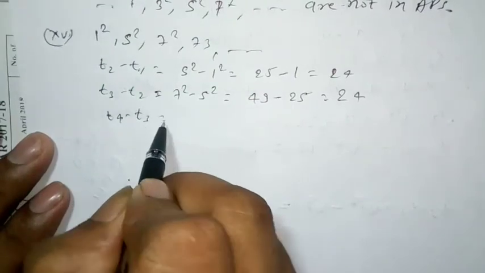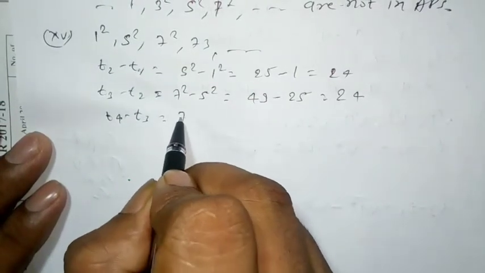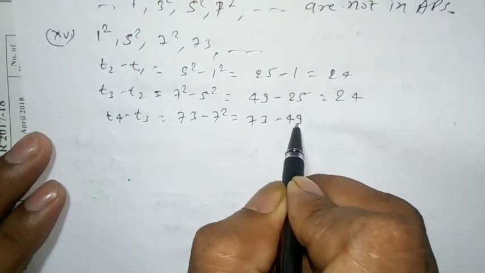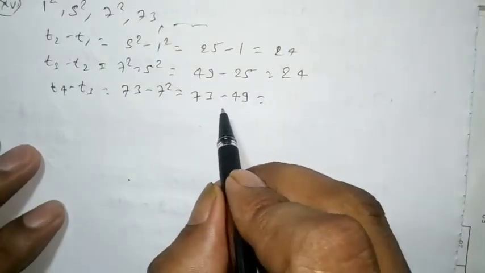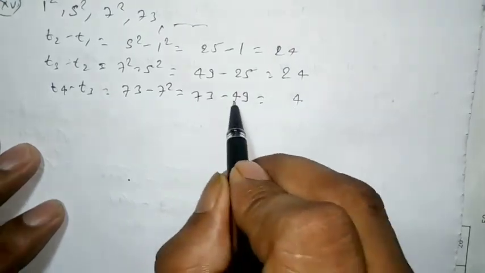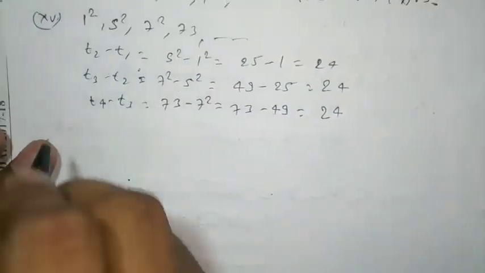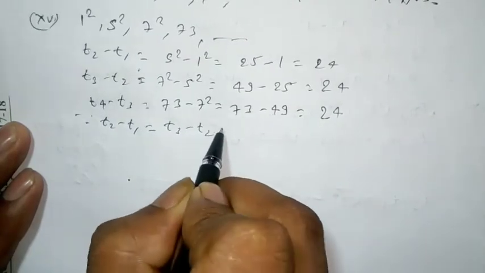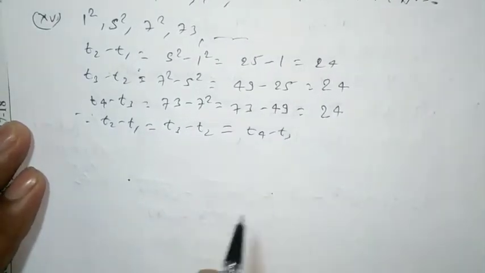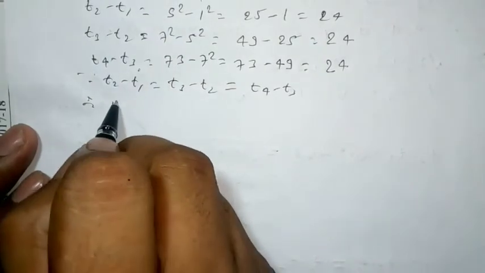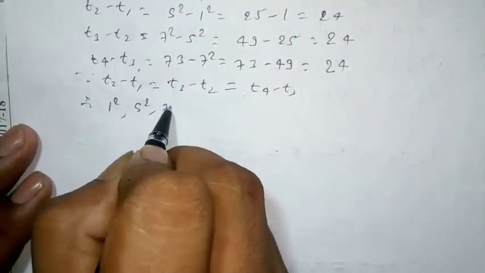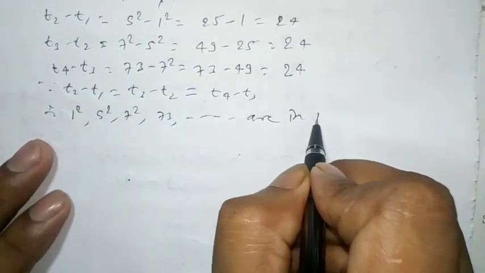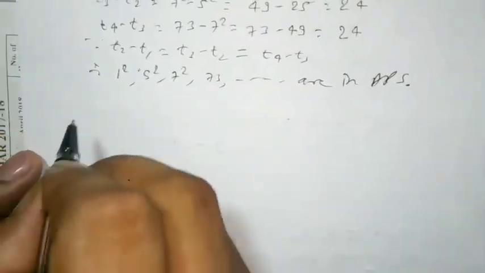T4 minus T3 is equal to 73 minus 7 square is equal to 73 minus 49, so again 24. Here, because T2 minus T1 is equal to T3 minus T2 is equal to T4 minus T3, therefore 1 square, 5 square, 7 square, 73 dot dot dot are in AP.